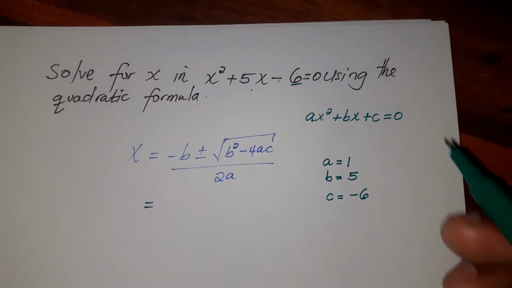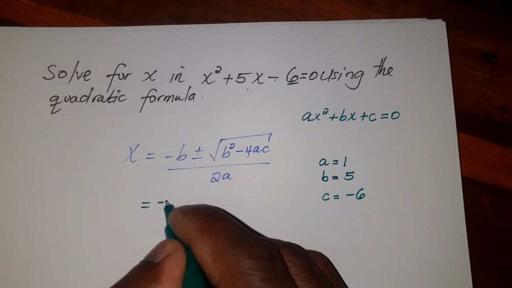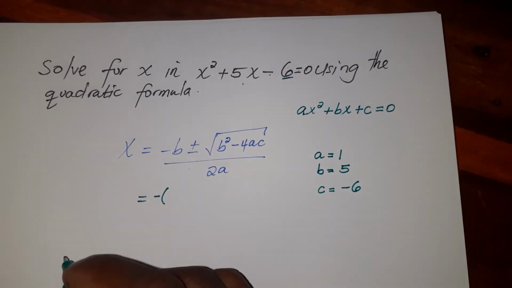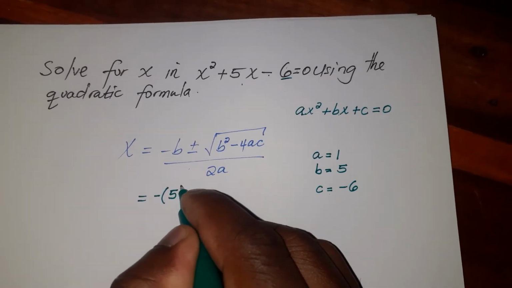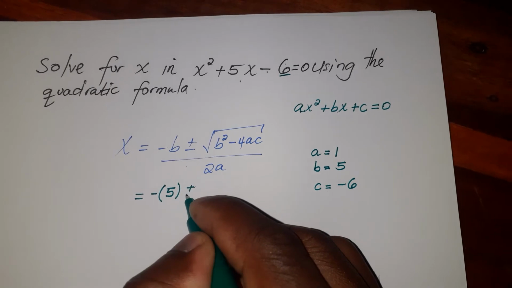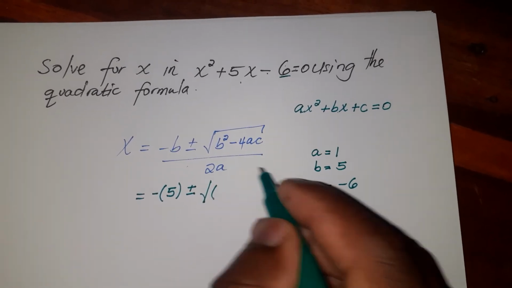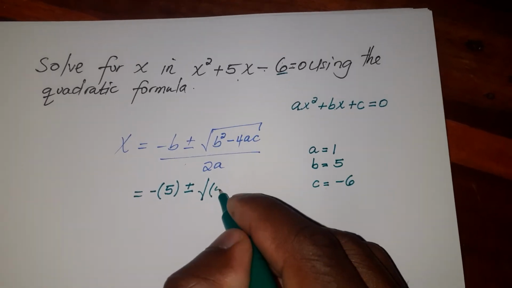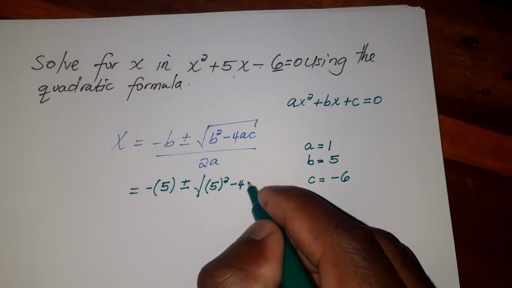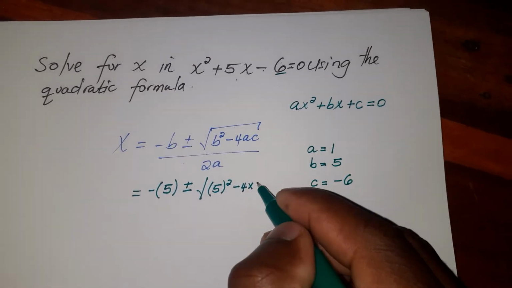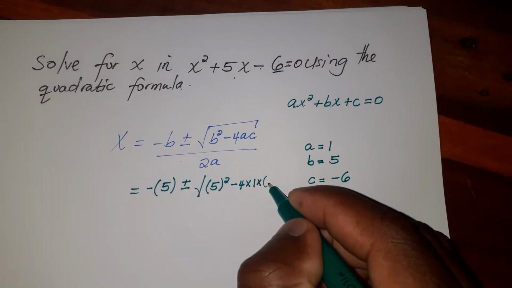Now we can go ahead and substitute in our formula. Then we are going to have minus, open bracket, our b value is 5, plus minus square root, 5 squared, minus 4, our a is 1, times our c is negative 6.